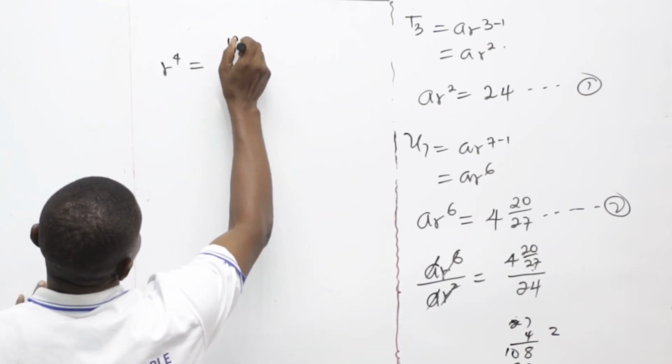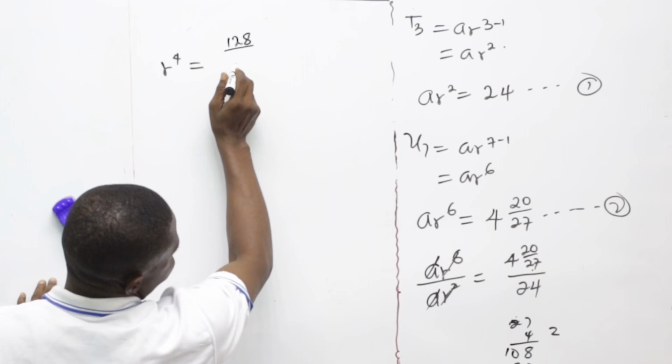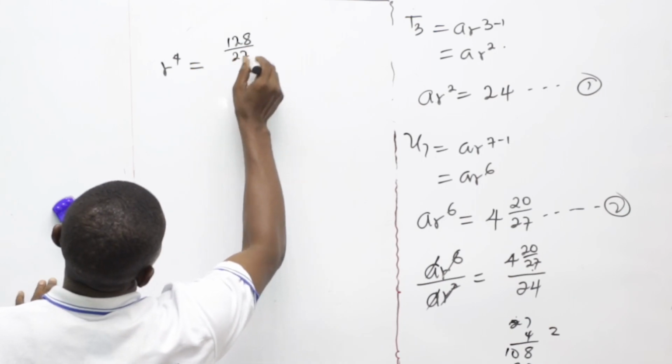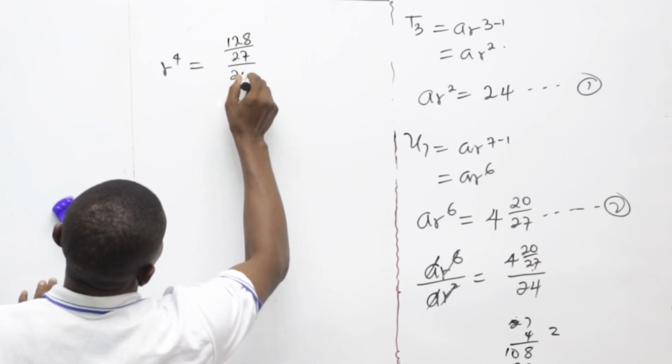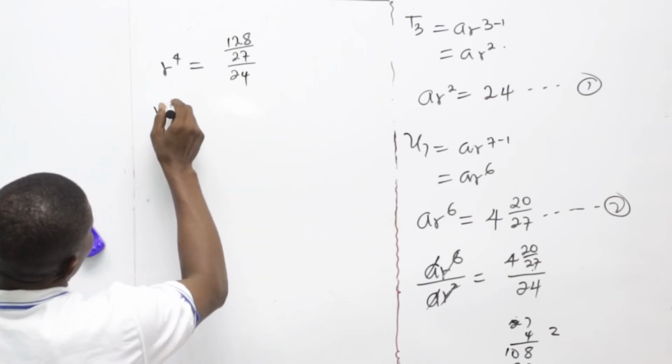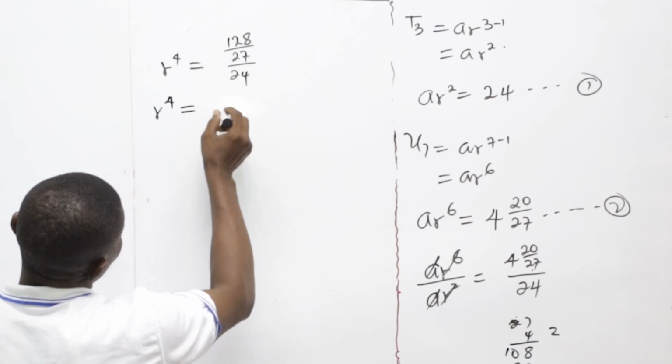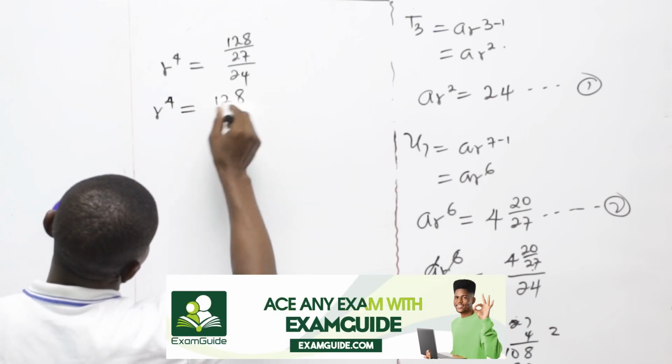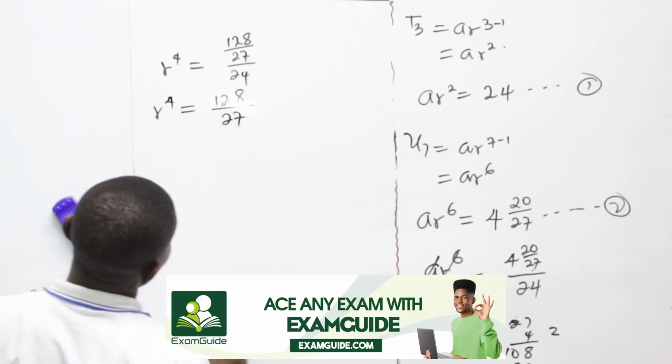So I have 128 all over 27 divided by 24.